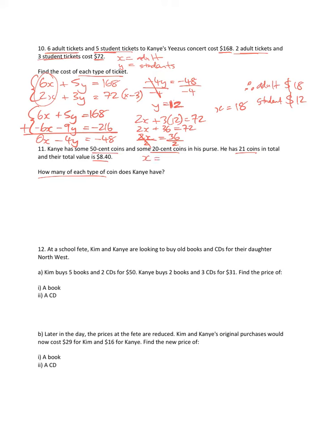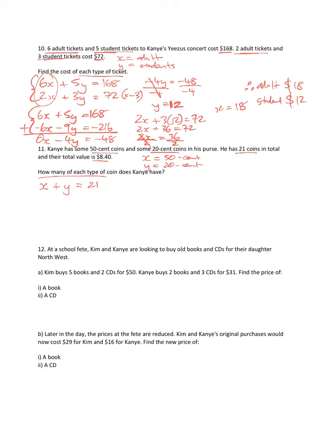I'm going to make X equal to 50 cent, Y equal 20 cent. So, if X is the number of 50-cent coins, and Y is the number of 20-cent coins, and I've got 21 coins in total, that's my first equation. Number of 50 cents plus number of 20 cents is equal to 21 coins overall.